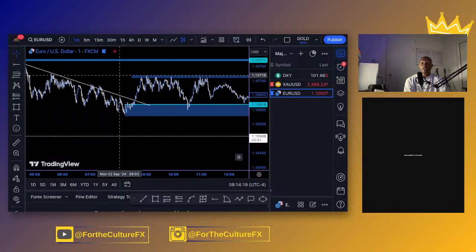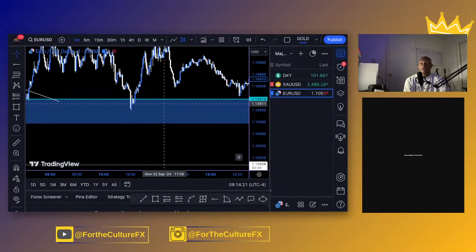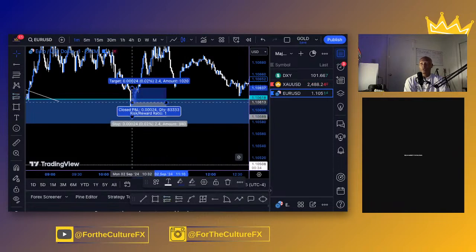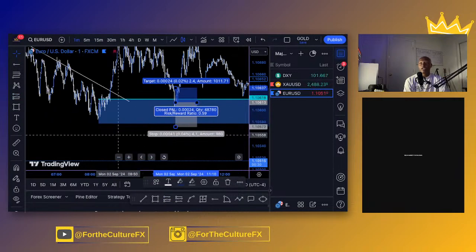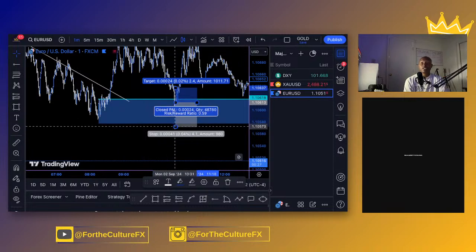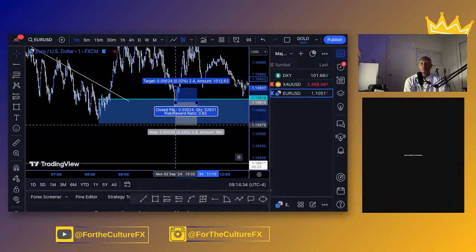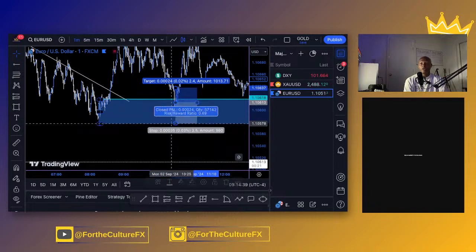Now, since I'm taking my trade on the 1 minute time frame, when price came down and tapped into this level, we got this bullish structure. For the sake of not getting taken out by spreads, I put my stop loss under here, like 3 pips.